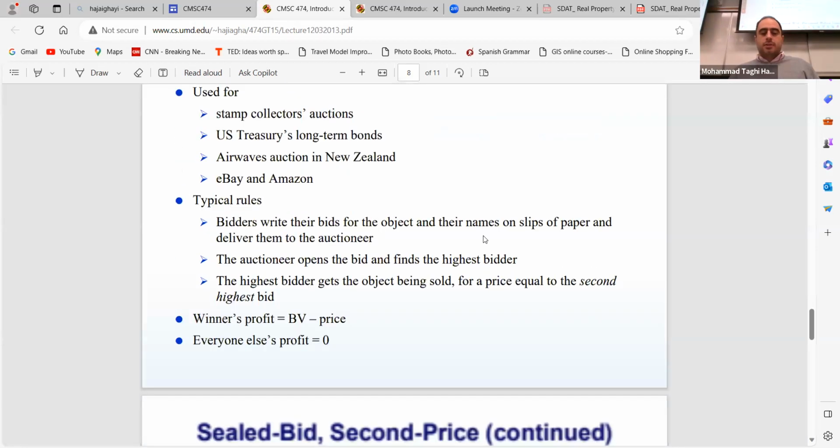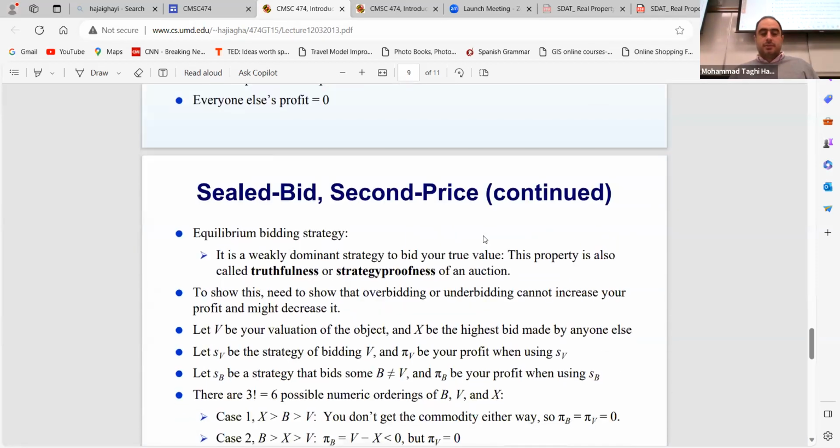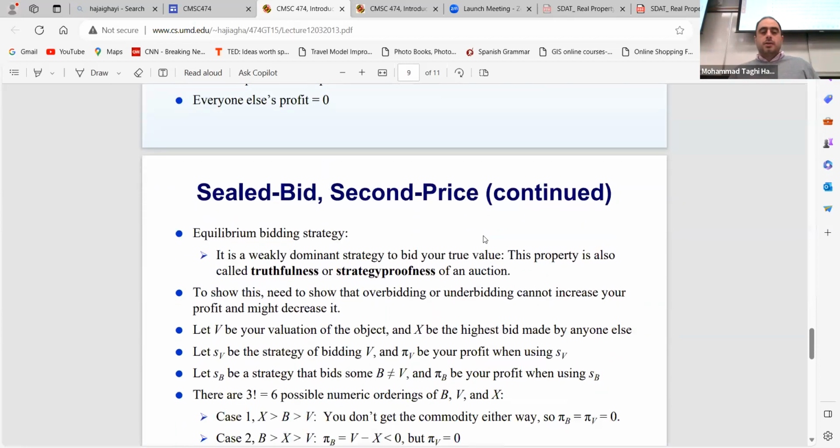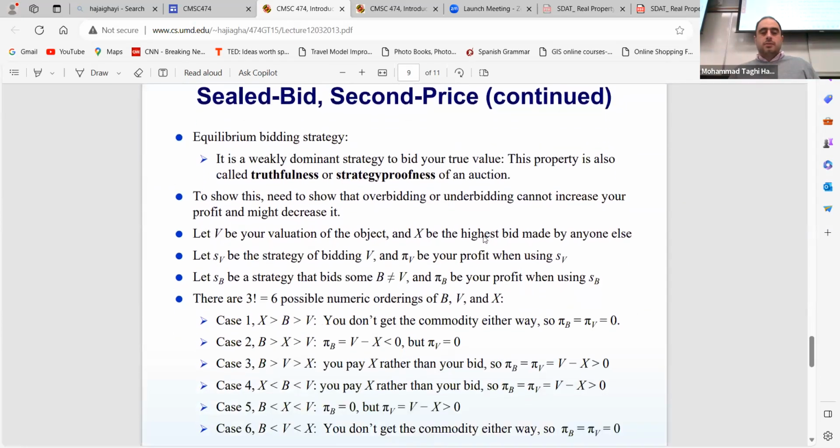So what are the good things and what are the bad things here? The equilibrium bidding strategy here, equilibrium in the sense that if the others change, you don't want to change, is that it is a weakly dominant strategy for you to bid your true value.